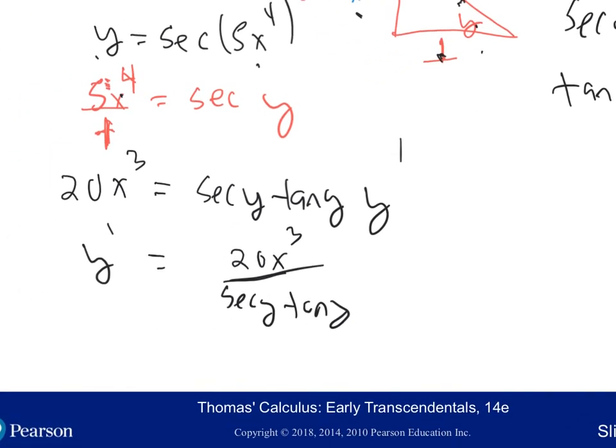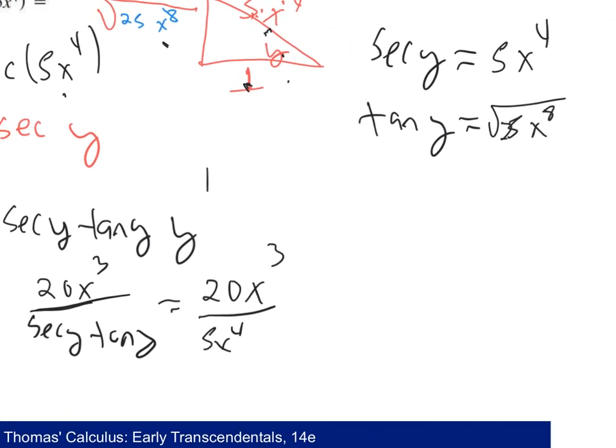It equals 20x cubed over 5x to the 4th times the square root of 25x to the 8. Whoop. And let's see, does anything simplify? 20 and the 5, that becomes 4. And the x to the 3rd cancels out some of the x's here.